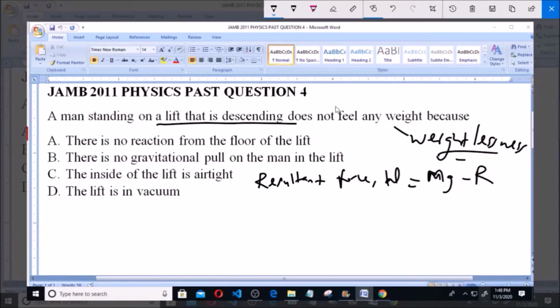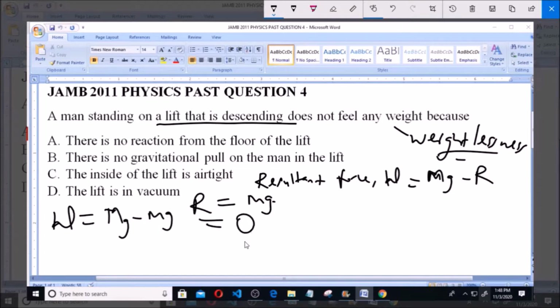But in this case, the normal reaction is equivalent to the weight of the man, which is mg, that is the mass of the man multiplied by acceleration due to gravity. So therefore, the resultant force will be equal to mg minus mg, and therefore is equal to 0.